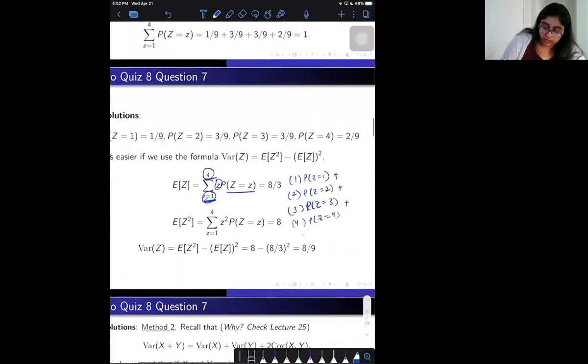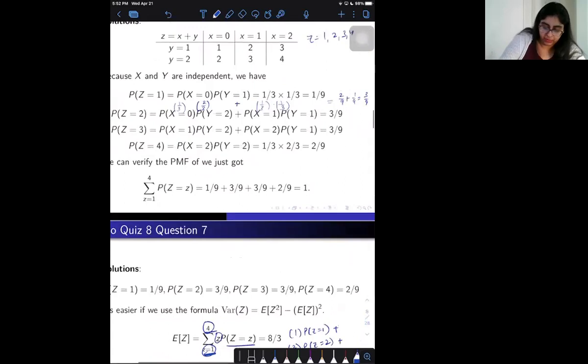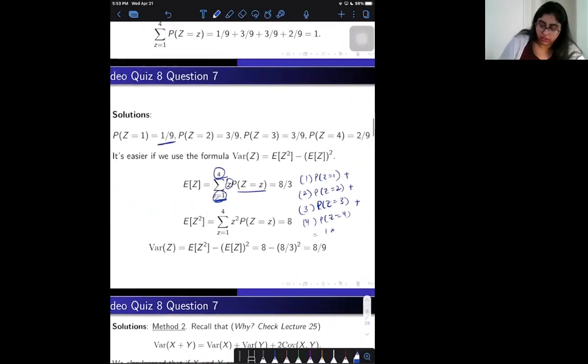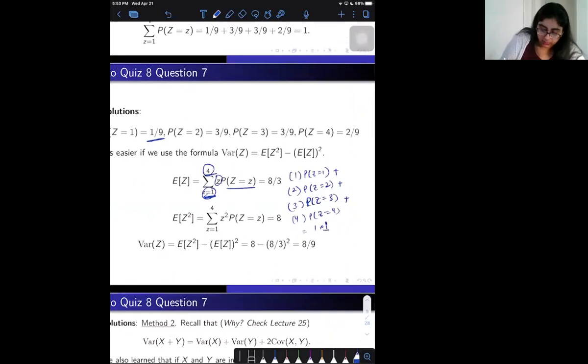So this will be 1 times, what is the probability of Z equal to 1? We found it right here, 1 over 9. So 1 times 1 over 9 plus 2 times 3 over 9 plus 3 times 3 over 9 plus 4 times 2 over 9. When we add all these up, we get 8/3.